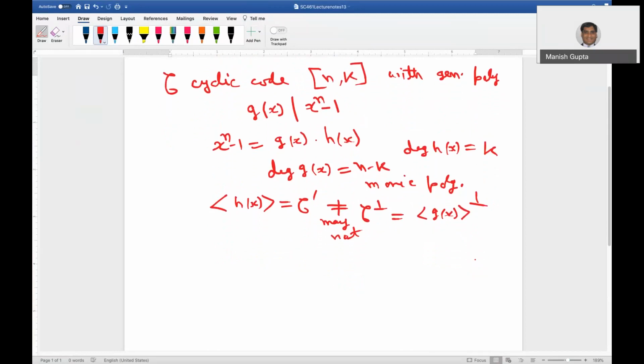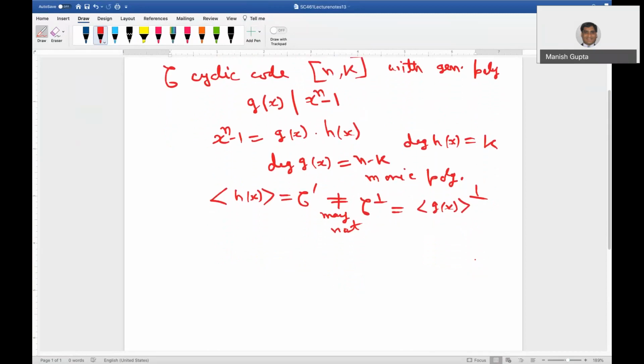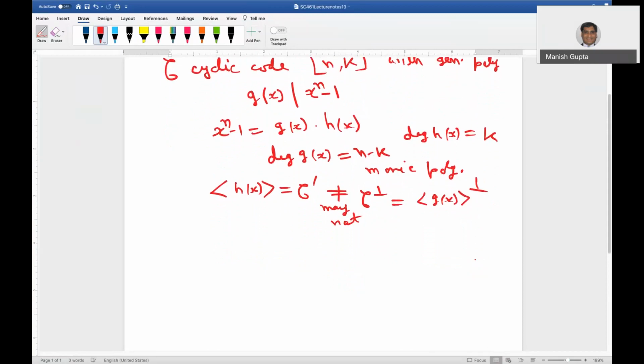Then how do we find the dual code? Well, it turns out that there is a related polynomial, known as the reciprocal polynomial of h(x), and that gives us the dual code.